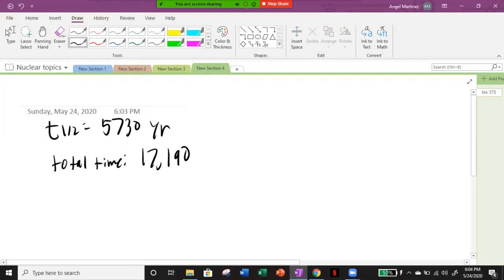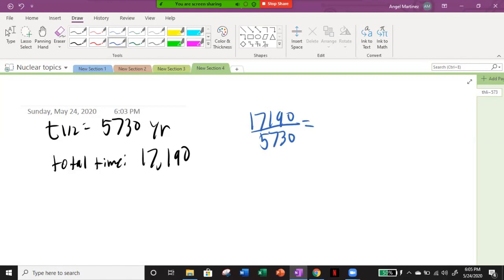So how many half-lives is that? An easy way to do this is to take our number and divide it by the half-life. That's just 3, or not 3 years, sorry, 3 half-lives.